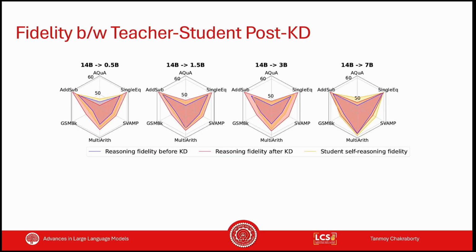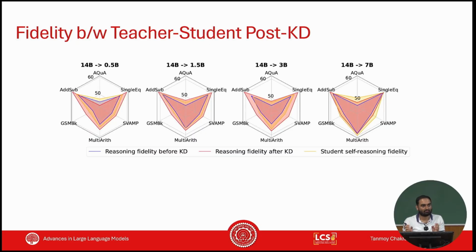You not only look at the last output, but also at the steps that they produce, and also the output. The output you have already checked before in the agreement plot, right? Now you look at the steps.